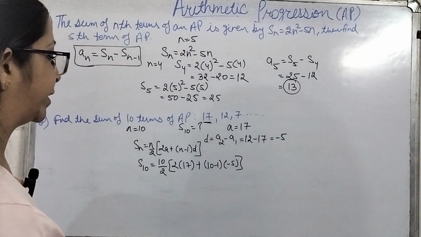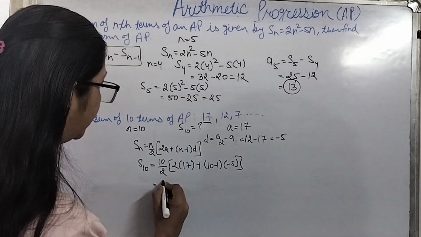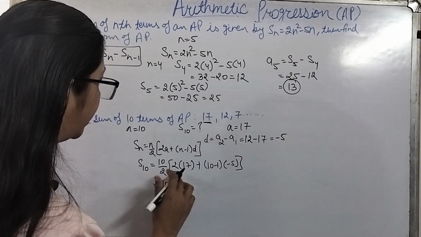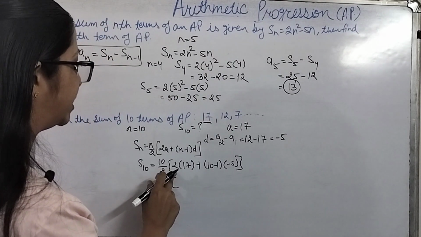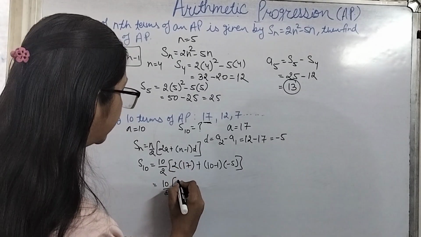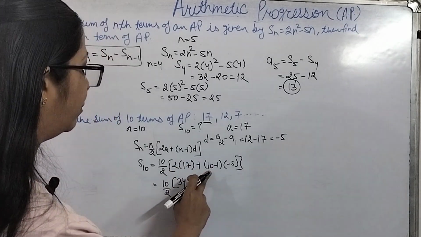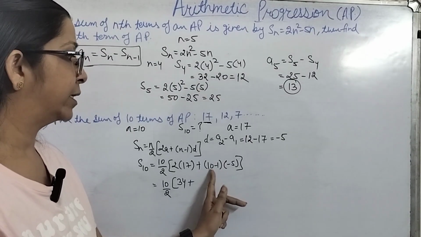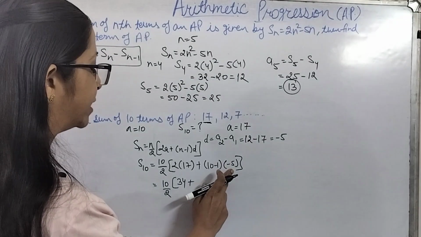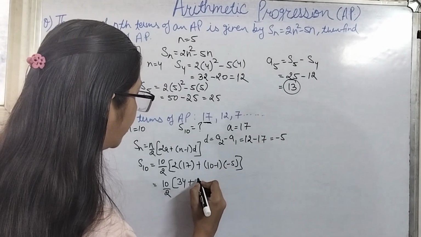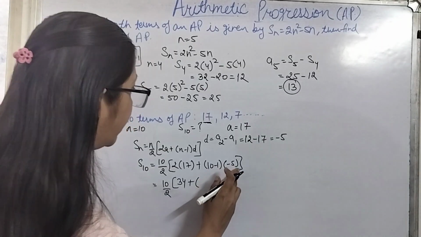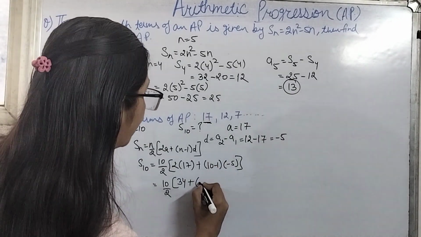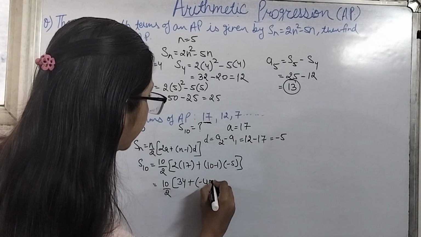Solving further, it will become 10 by 2 multiplied by 17 into 2, which is 34, plus 10 minus 1 is 9, and 9 multiplied by minus 5 is 45, but it will carry a minus sign, so minus 45.